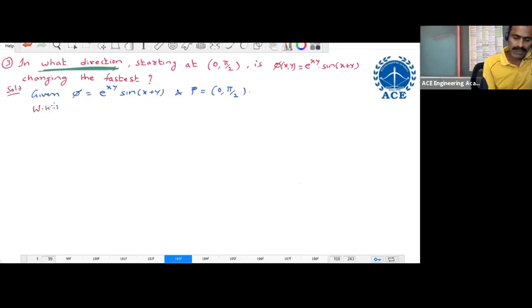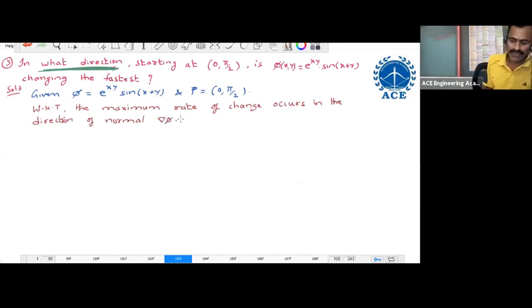We know that the maximum rate of change occurs in the direction of the normal, del phi.